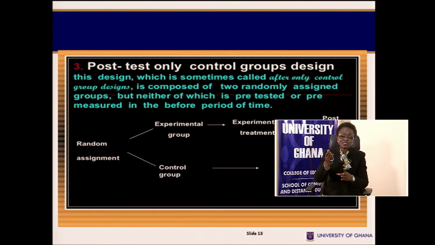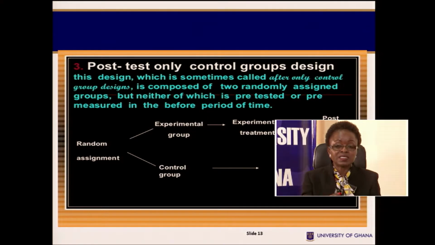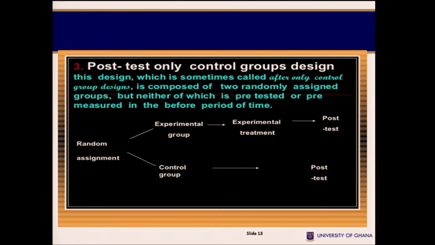Then you see the experimental treatment in the middle. That means that the experimental and the control groups didn't fill any questionnaire. Then you give the treatment, which is the dance. After the dance, the two groups fill the questionnaire. Then you do the analysis and find out the difference between the two.